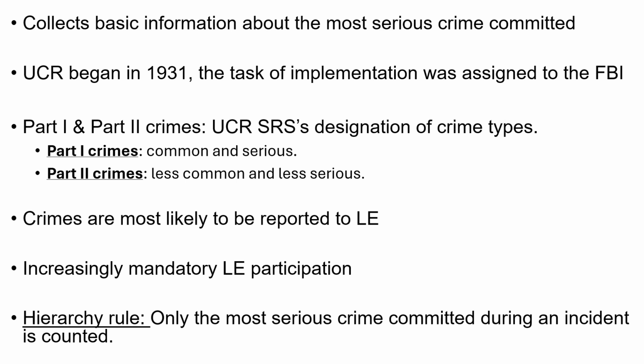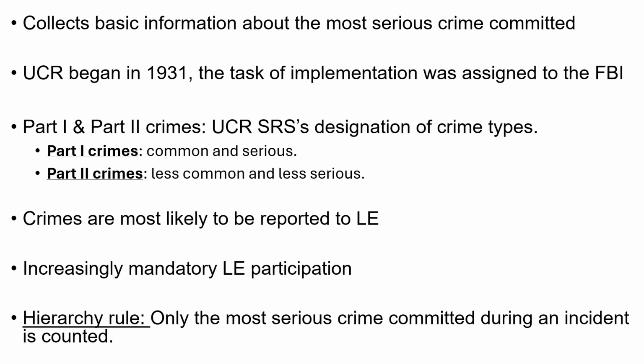The UCR collects basic information about the most serious crimes committed. Those crimes are broken down into Part 1 crimes and Part 2 crimes. Part 1 crimes are your common and serious crimes. Part 2 crimes are your less common and less serious.